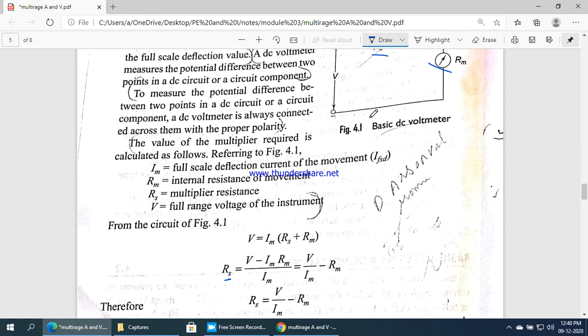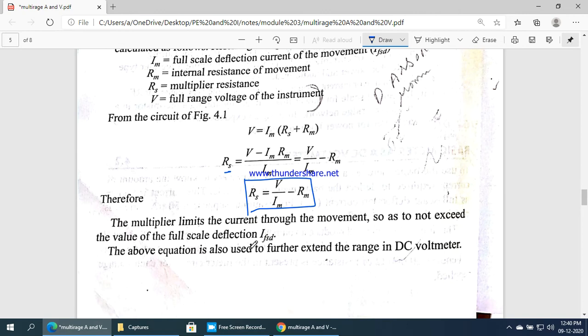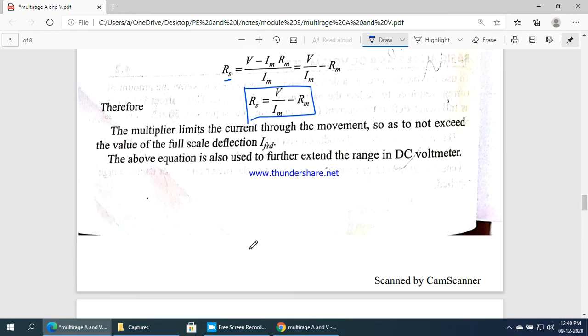Taking Rs on one side, Rs equals (V minus ImRm) by Im, which simplifies to V by Im minus Rm by Im, and Im gets cancelled in the second term, giving V by Im minus Rm. So this is the Rs equation, which we will use in further problems: Rs equals V by Im minus Rm.